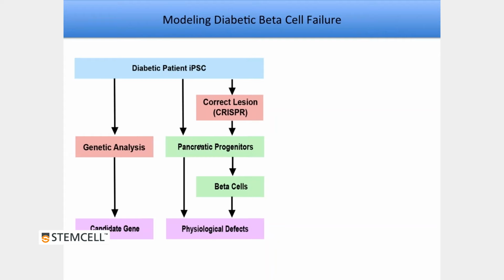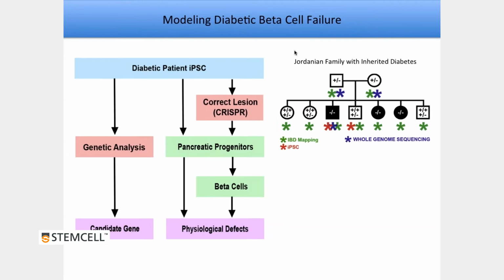So to do that, I take iPS cells from the diabetic patients and differentiate them firstly into pancreatic progenitors and then subsequently into beta cells in order to look at the effects of these mutations on the physiology of the diabetic beta cells. And then finally, in the future, I'm looking to use CRISPR genome editing to correct those mutations in order to show definitively that a particular mutation that affects the activity of a particular target gene leads to particular physiological defects that cause diabetes.